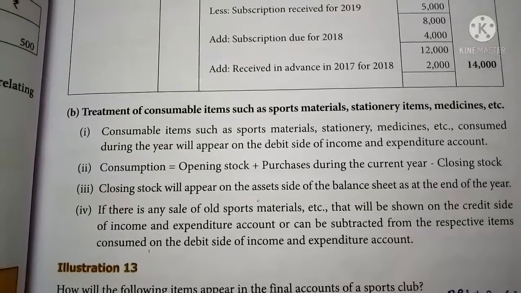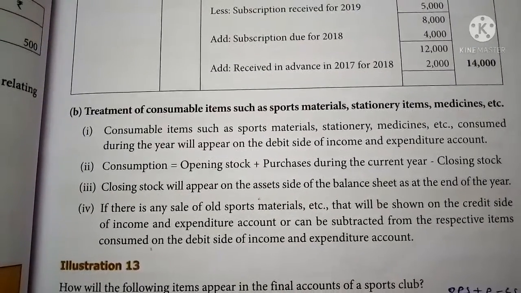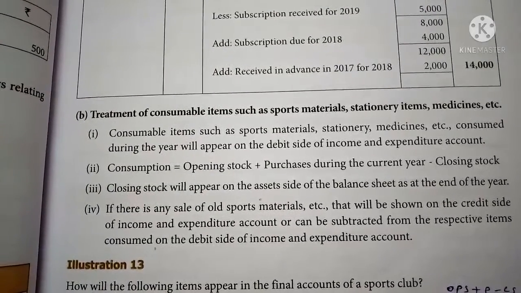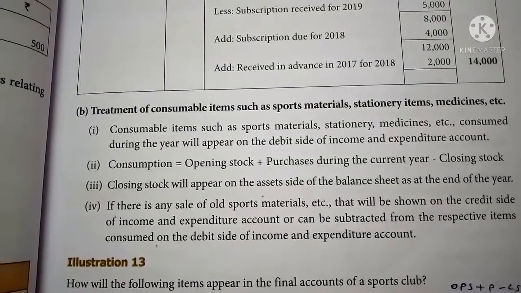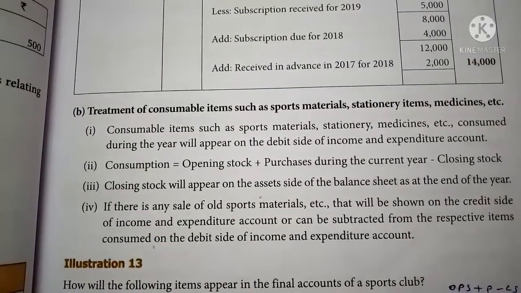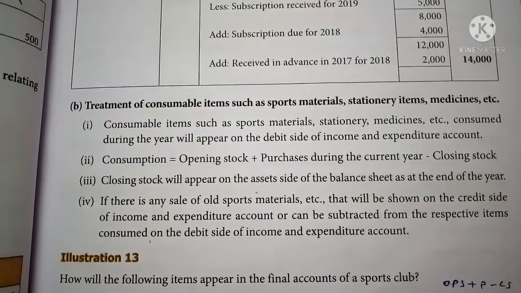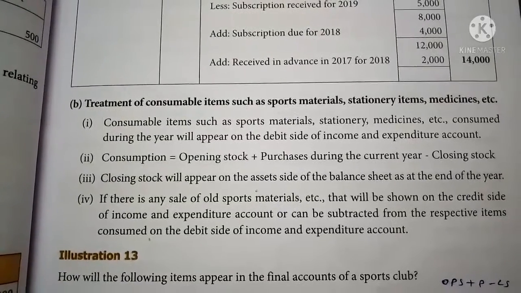First you should take the opening stock of these items, to that add current year purchase, and then subtract closing stock. So this is the formula to make these types of adjustments, that is sports material, bat and ball, stationery and medicines.